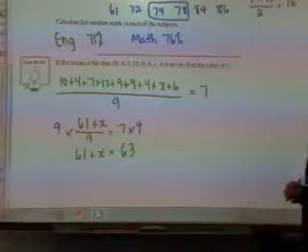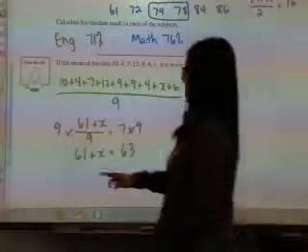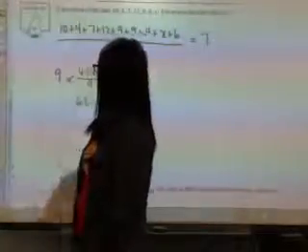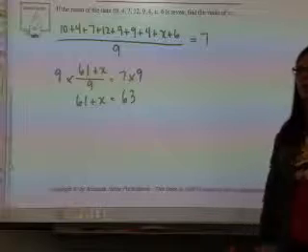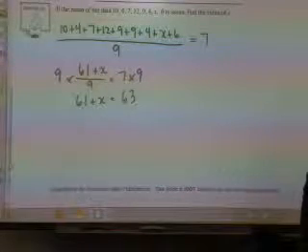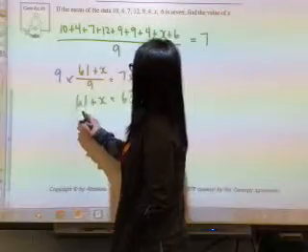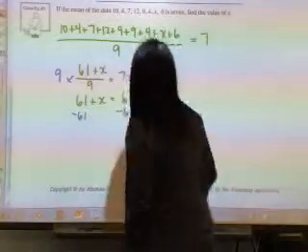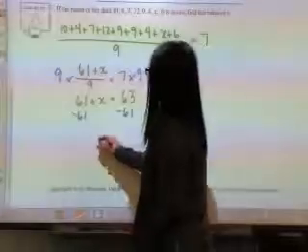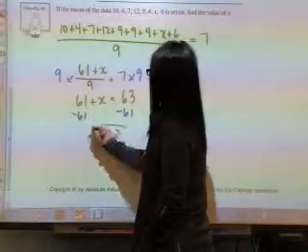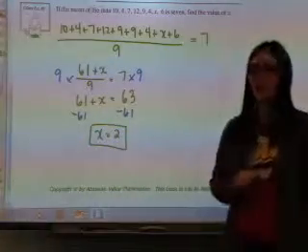How do I get x by itself? How do I get rid of the 61? Minus 61. And what is 63 minus 61? So there's the value of x.